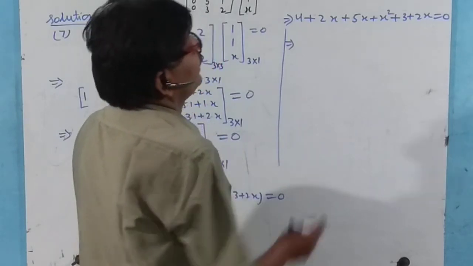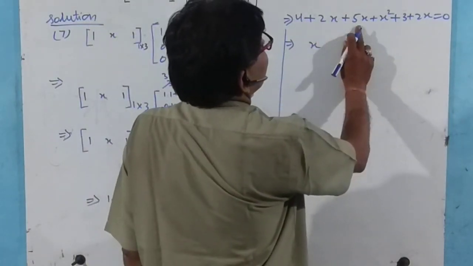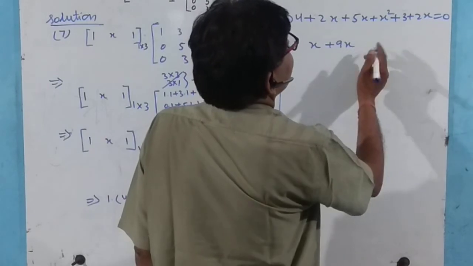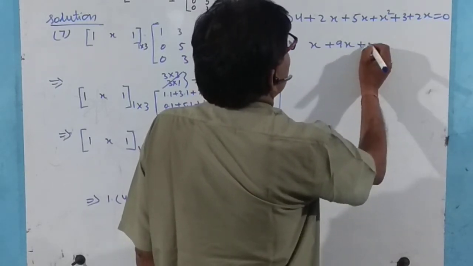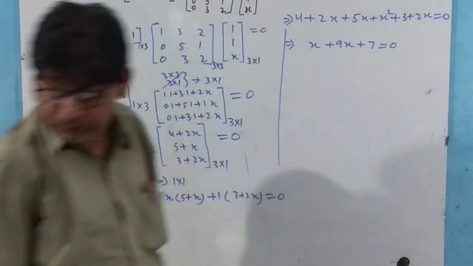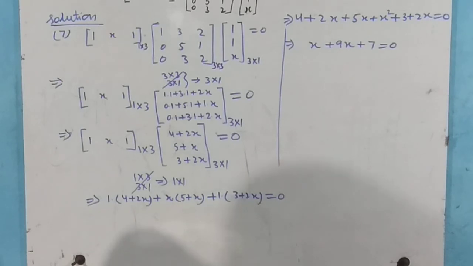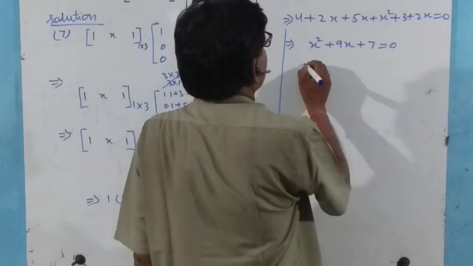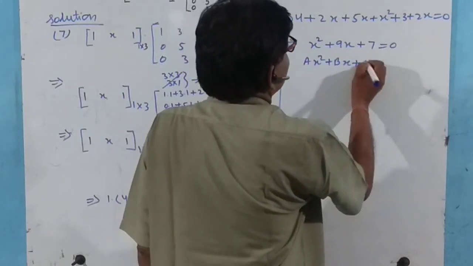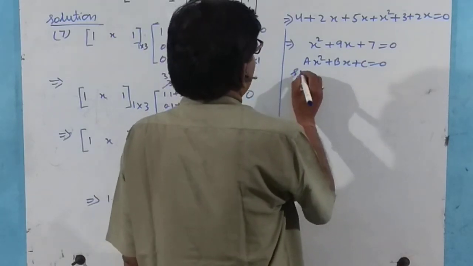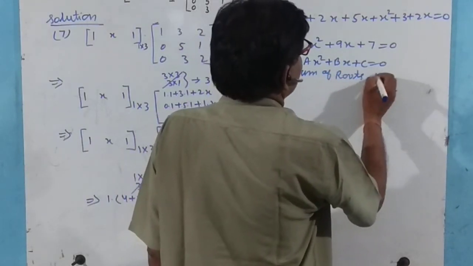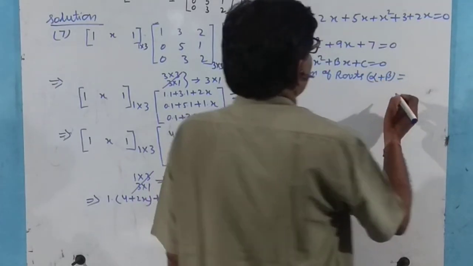Now this is equal to x square, 2x plus 5x plus 2x is 9x, and 4 plus 3 is 7. So x square plus 9x plus 7 is equal to 0. Now comparing with ax square plus bx plus c equal to 0, the sum of roots alpha plus beta equal to minus b by a.